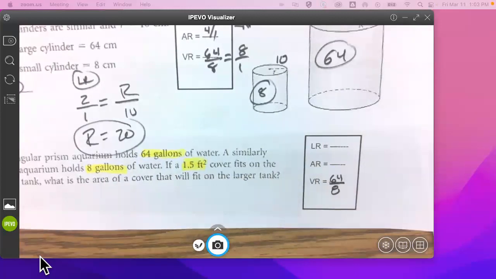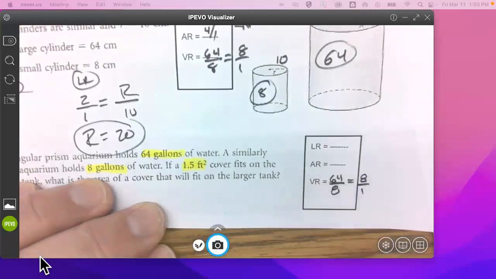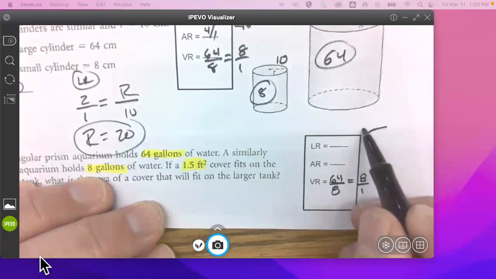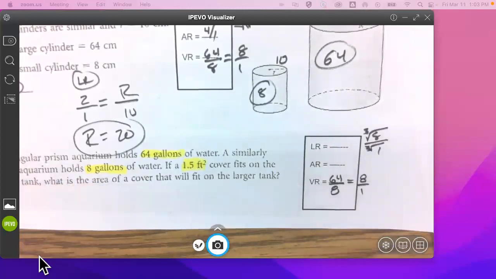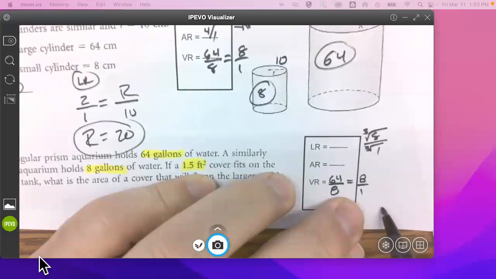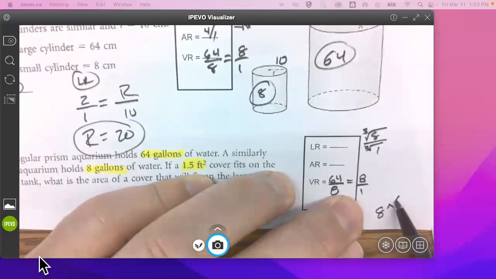And although I could use that, the cube root of 64 would be 4, cube root of 8 would be 2. I could put 4/2. My life becomes dramatically easier if I reduce it first. Now, if that's 8/1, then this ratio would be the cube root of 8 over the cube root of 1. You guys know how to do a cube root on a calculator? Would you like to know that? You could do it on any calculator by doing 8, using the little up caret key, open parentheses, and say 1 divided by 3.